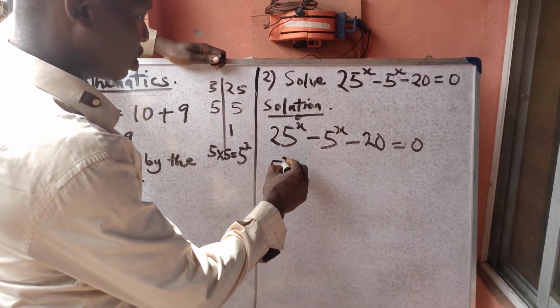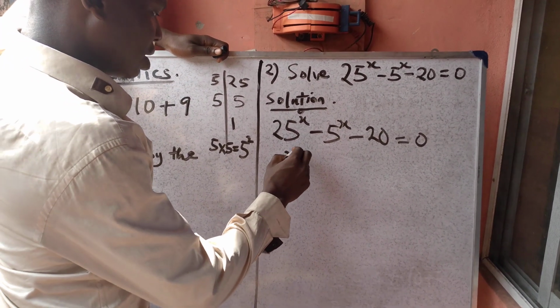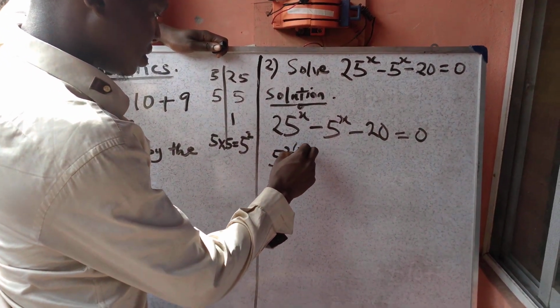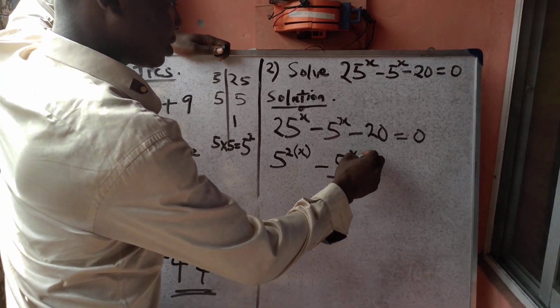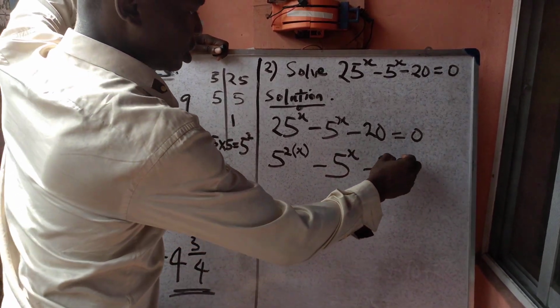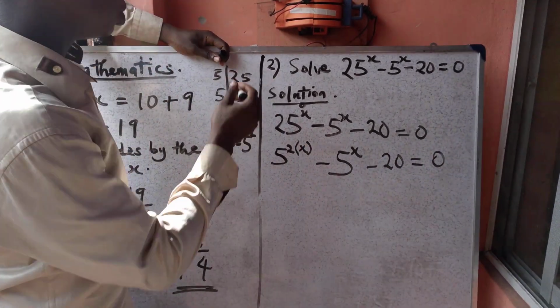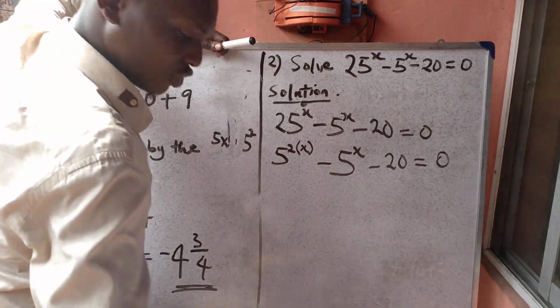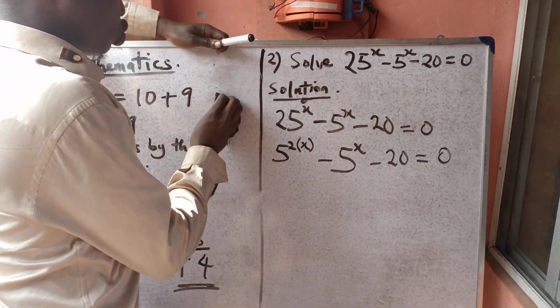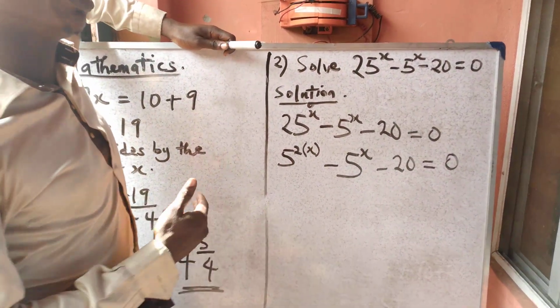This is 5 raised to power 2 in index form, multiplied by x, minus 5 raised to power x minus 20 is equivalent to 0. Okay, so we have that. We converted 25 to index form, we had 5 raised to power 2.